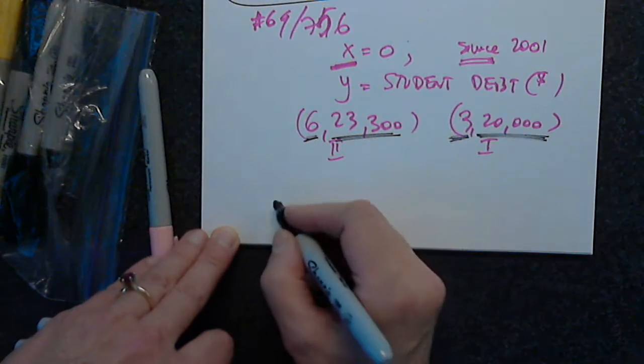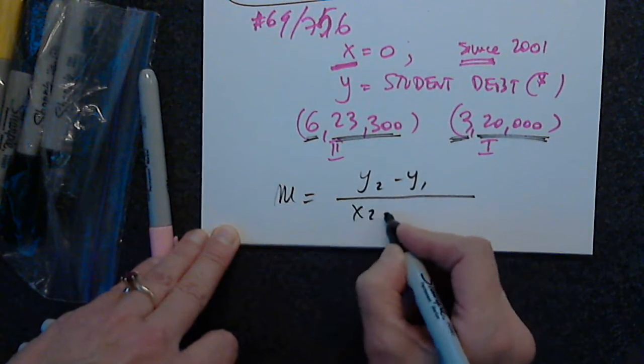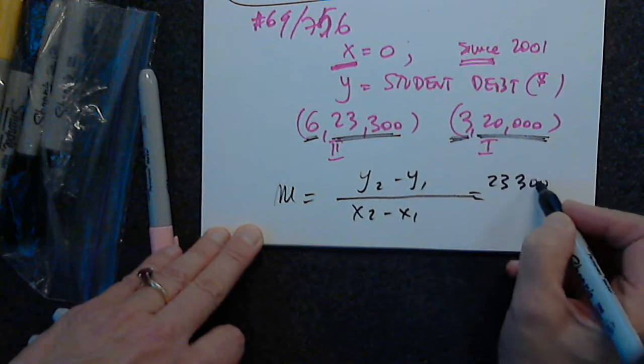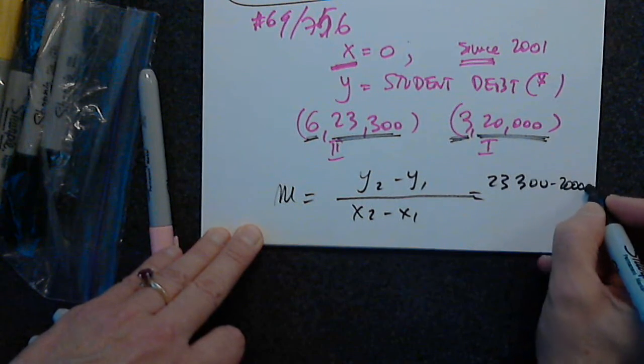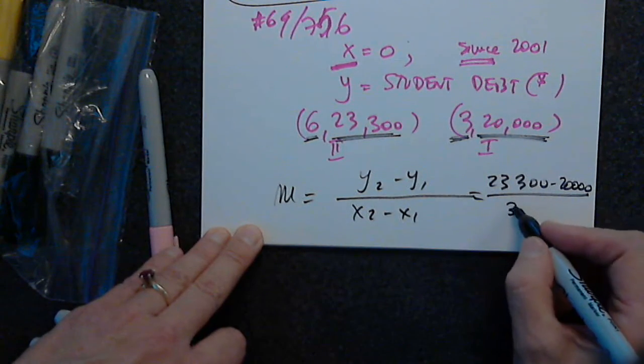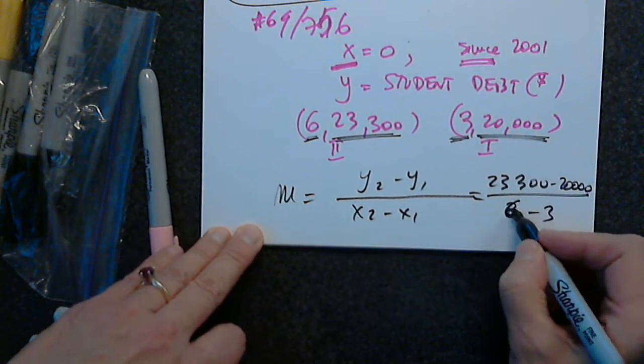Slope. Of course. So the slope is y2 minus y1 over x2 minus x1, which is 23,300 minus 20,000 divided by 6 minus 3, of course. Be very careful.